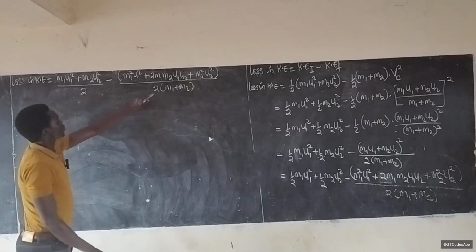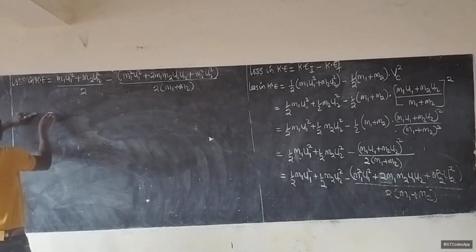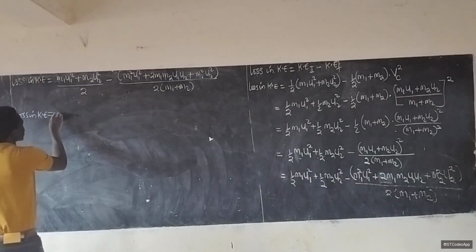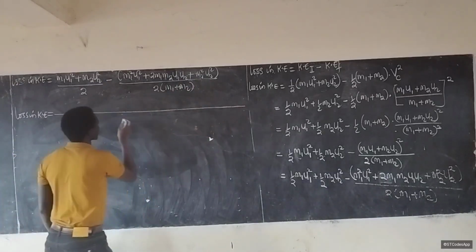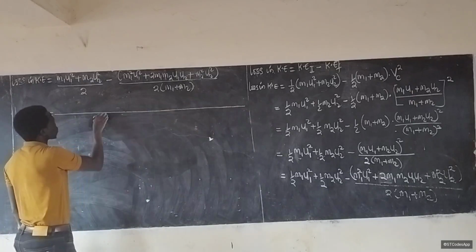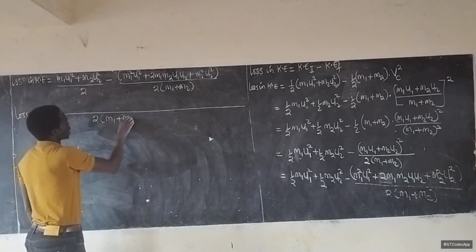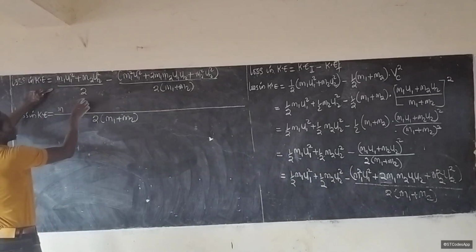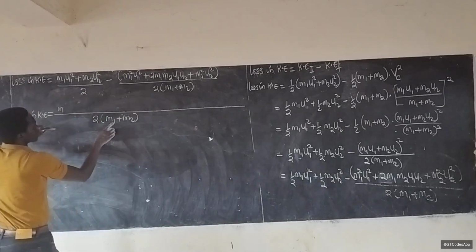So the LCM of these two, we can get it. I'll have loss in kinetic energy. The LCM actually becomes 2 open the bracket M1 plus M2. That's the LCM of the two. So when I divide this by this, I'll have M1 plus M2.